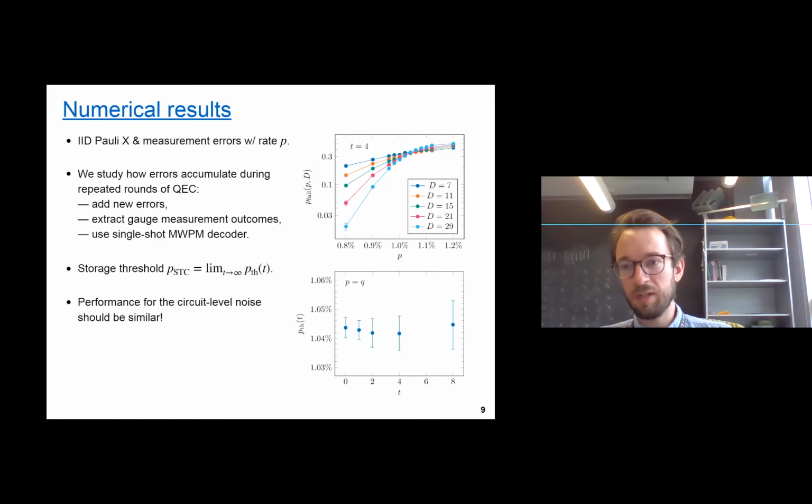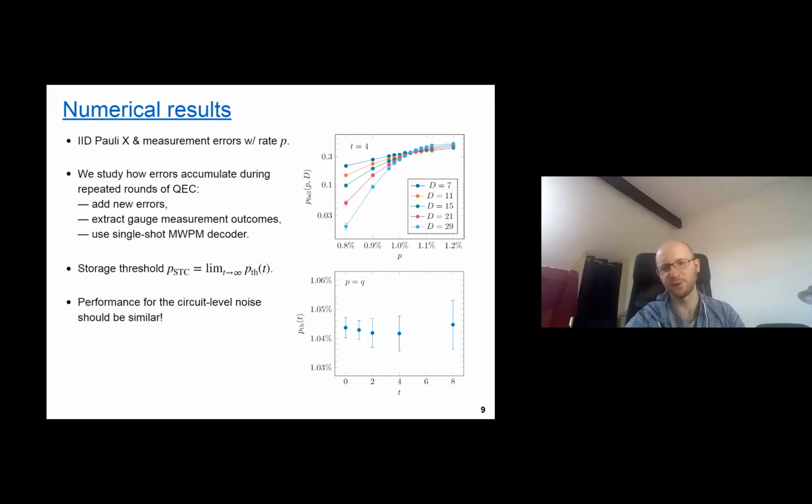We only actually simulated X errors, but you could do a general channel and correct both separately. If you had IID X and Z noise, the threshold would be the same, although the logical error rates would be different. With depolarizing noise with X, Z, and Y errors, it would be the same threshold, but the number would look bigger.